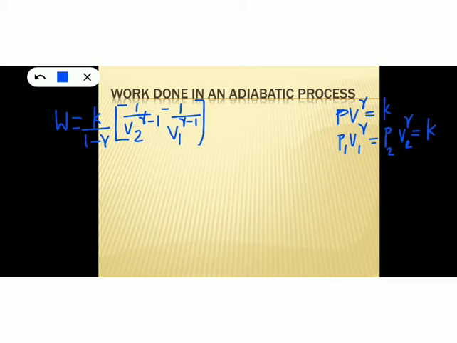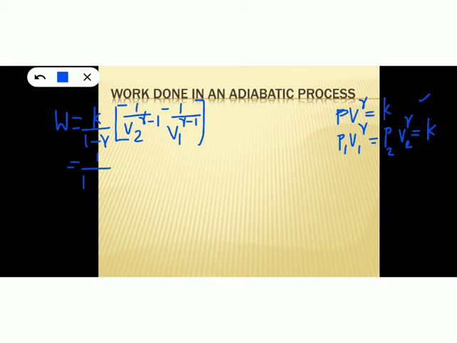Isn't it? Because we had already studied one equation, the equation of continuity. What is the equation of continuity? AV equal to a constant. So if AV equal to a constant, A1 V1 equal to A2 V2. Similarly, if PV raised to gamma equal to a constant, P1 V1 raised to gamma is equal to P2 V2 raised to gamma, that is equal to the constant K. So here just multiply this K into the bracket.